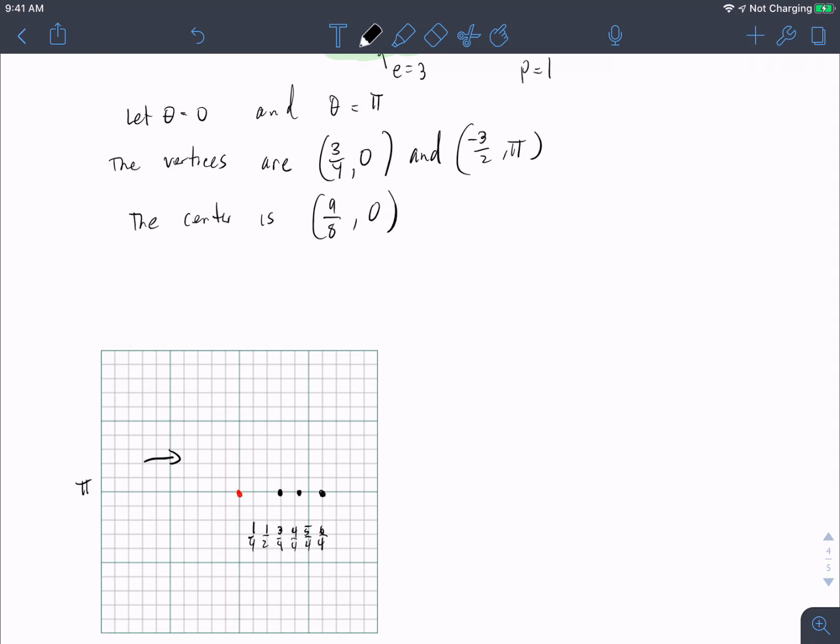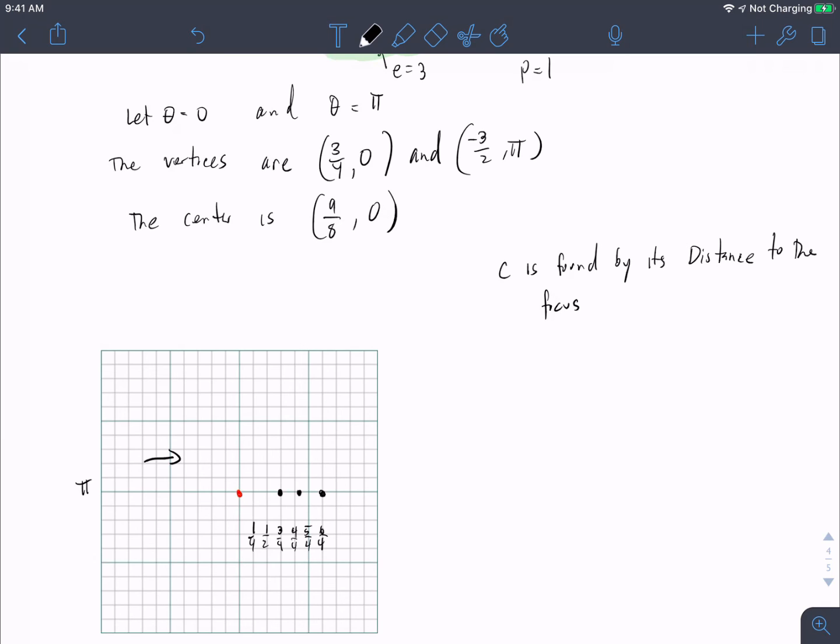find our information. So c is found by its distance to the focus, right? Its distance to the focus. And so the distance to the focus, it's from center to the focus.